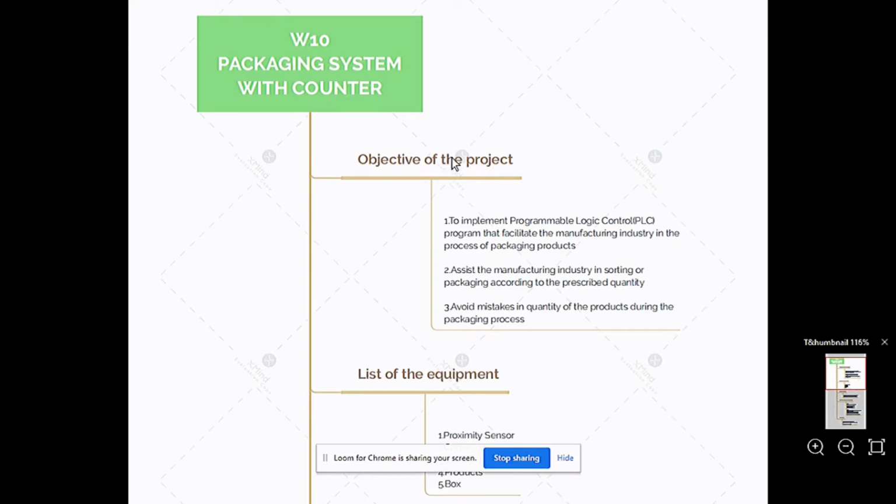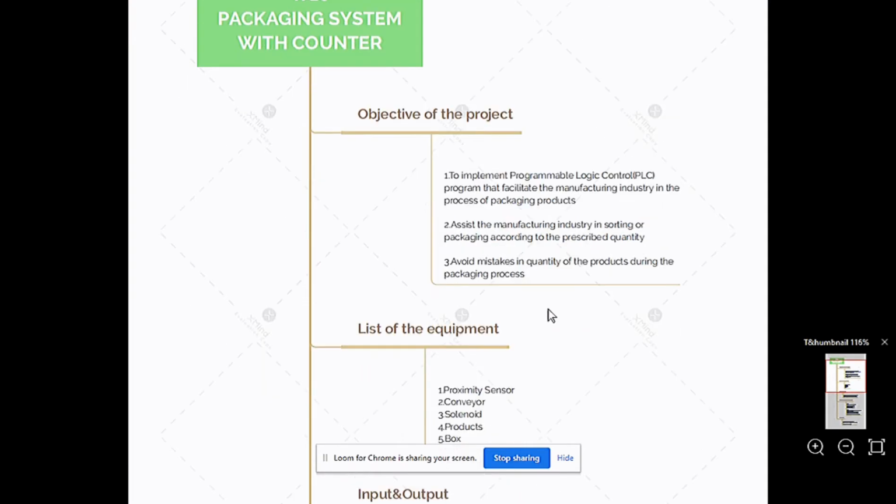The objectives of this project are, first, to implement a programmable logic control PLC program that facilitates the manufacturing industry in the process of packaging products. Second, to assist the manufacturing industry in sorting of packaging according to the prescribed quantity. Lastly, to avoid mistakes in the quantity of the products during the packaging process.